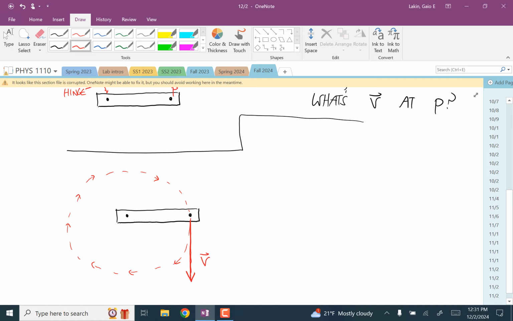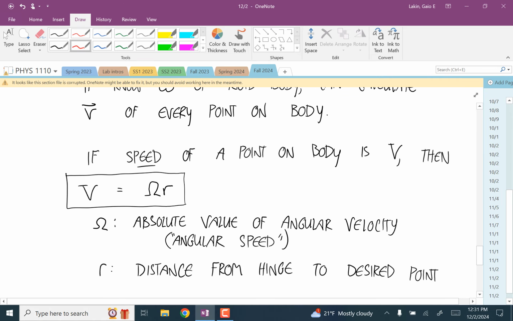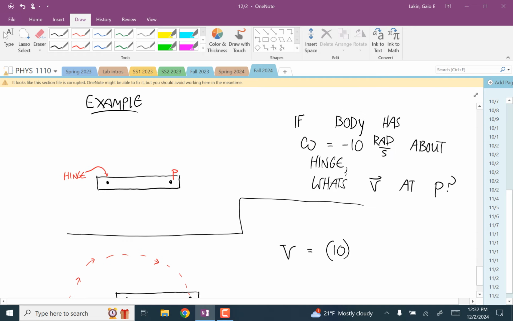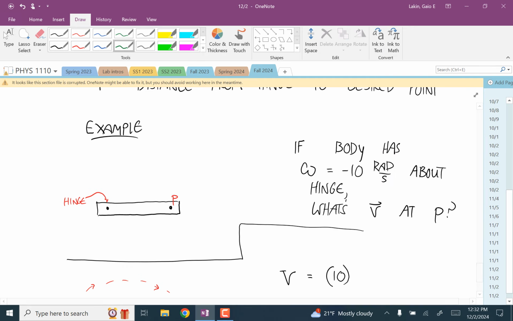Now what about the magnitude? Well, we can use this equation to figure out the magnitude. The magnitude of the velocity is the speed, and the speed is equal to the absolute value of -10, so just 10, times, I forgot to write down dimensions. Let's say that these are 0.75 meters apart.